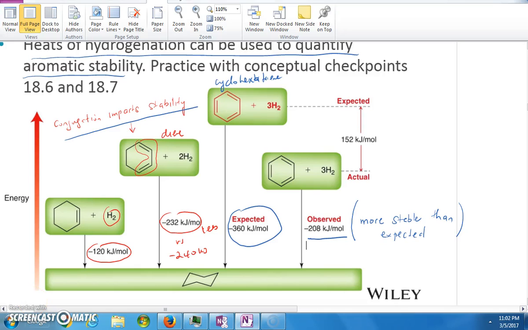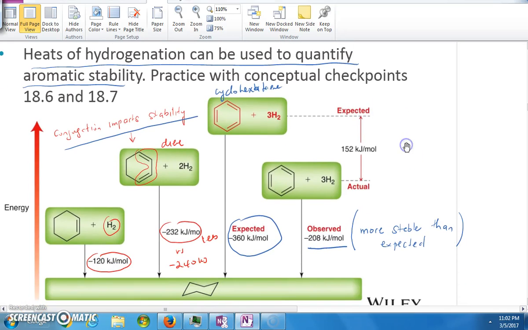So as I was saying in the last slide, we use heats of hydrogenation to quantify the aromatic stability, and we expect that upon hydrogenation of benzene, we should get negative 360 kilojoules per mole.